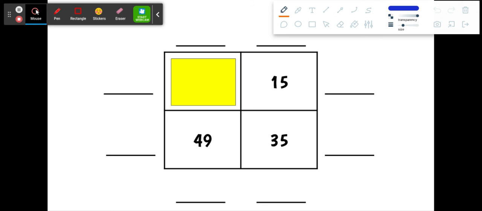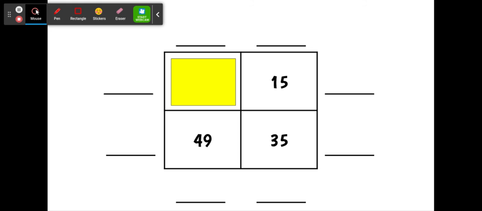If I think about my factors for 15 and 35, I figure out pretty quickly that 5 is a factor of both. If 5 is a factor of 15, 5 times what gives me 15? What number should go here?